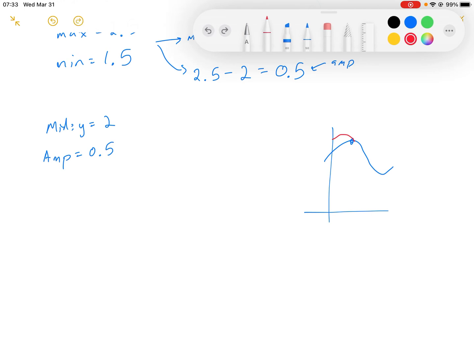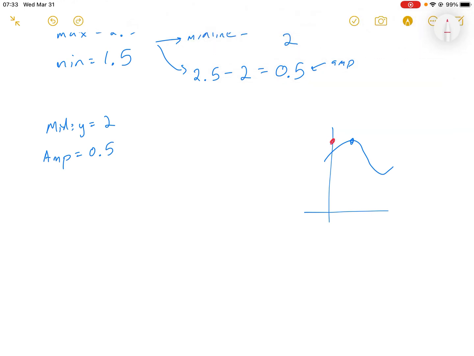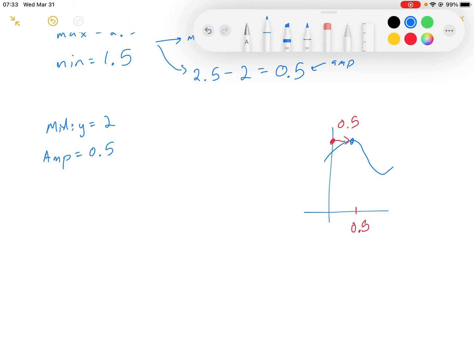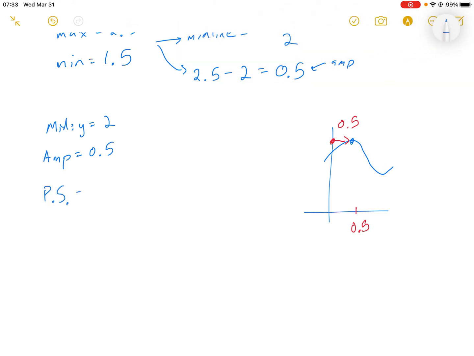So regularly cosine would be there, but it moved to the right by 0.5 because this is the x value of 0.5. So that tells me that the phase shift is also 0.5, like the amplitude.